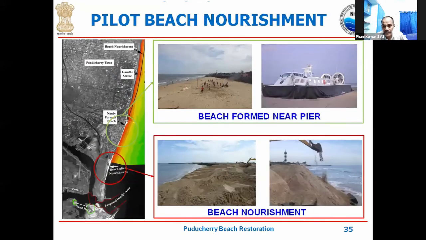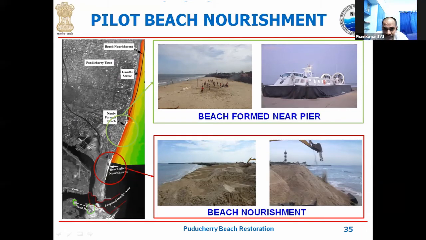This is a pilot project we took up, where used sand was available from the Pondicherry Port Department, where they dredged the harbor and kept it in the port area. We took it up and pumped it to the region between the harbor and the north of the city.